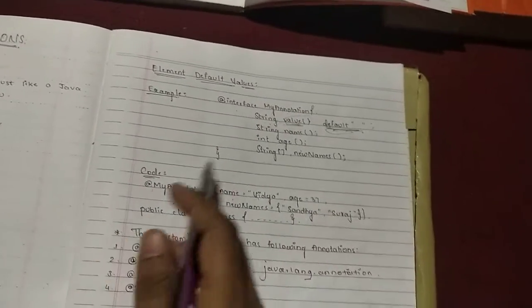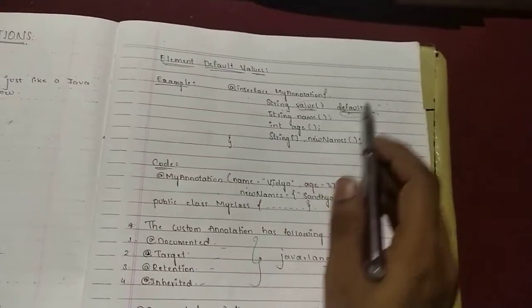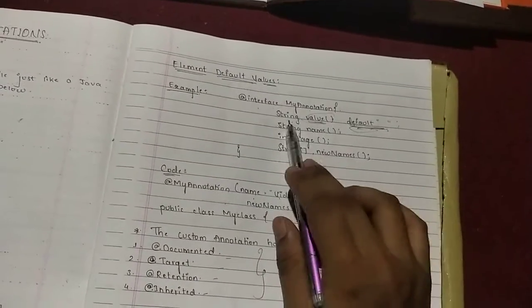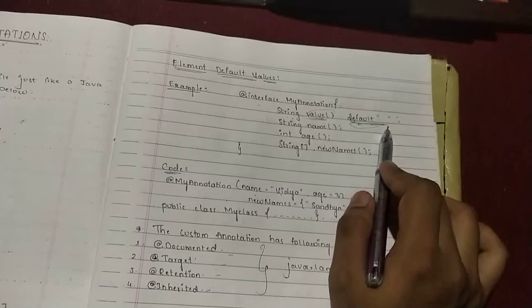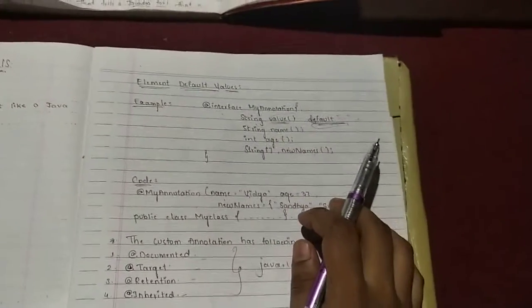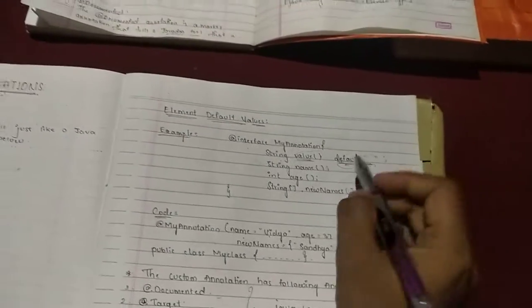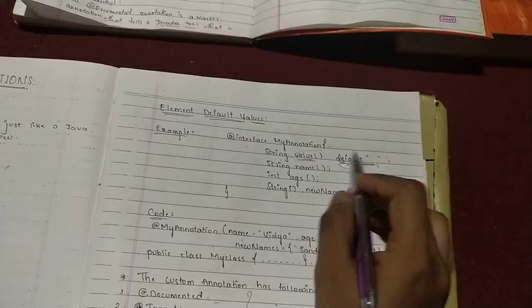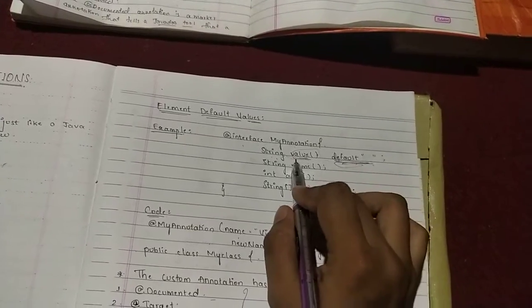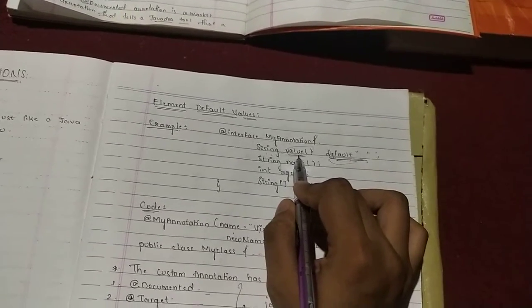It is the same as said before, but in front of String value the word default is provided. Because of providing the default word in front of value, the element value can be left out.